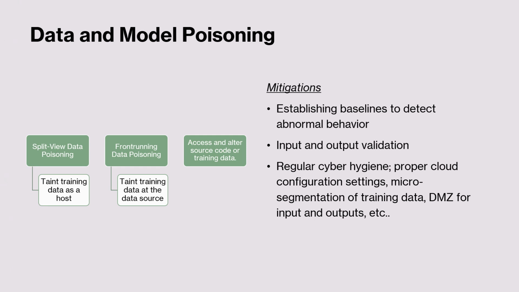Finally, we come to data and model poisoning. This one is interesting as well because there are a few different methods involved where an attacker could potentially poison data. And one of those is called split view data poisoning.